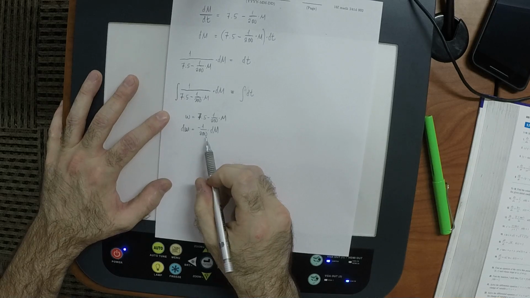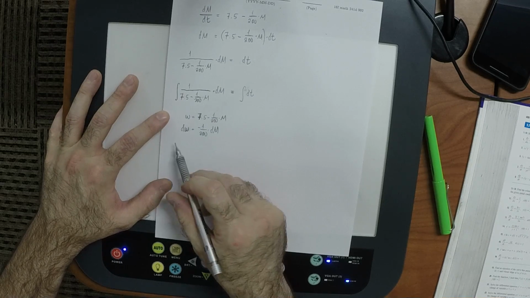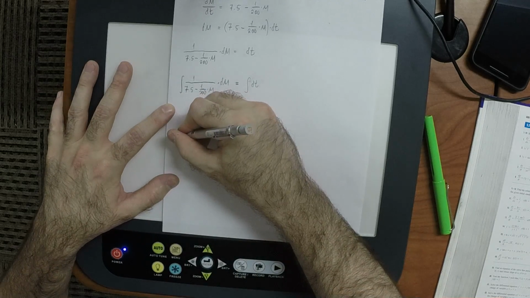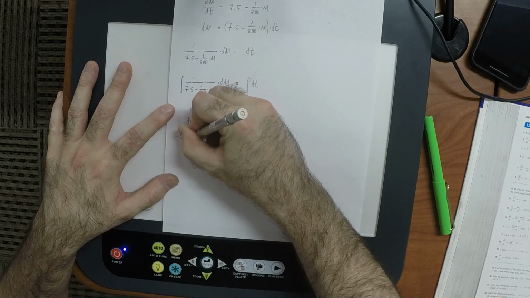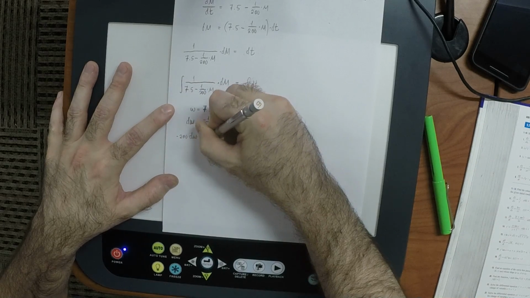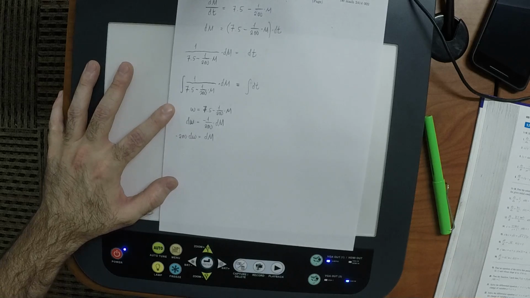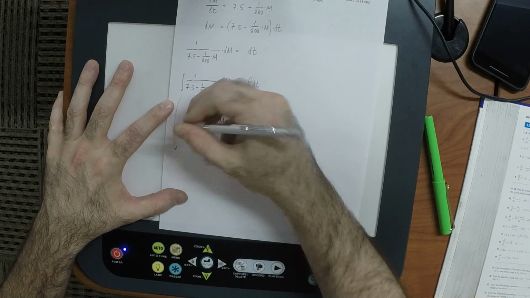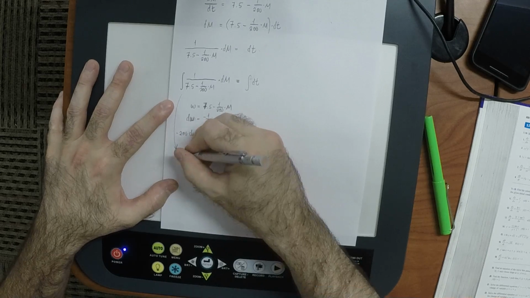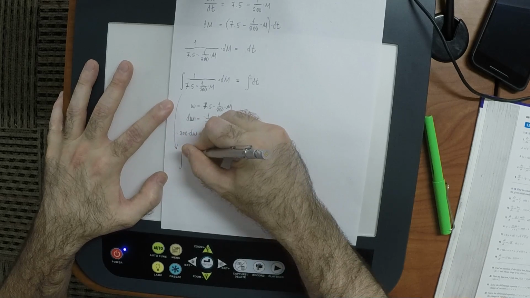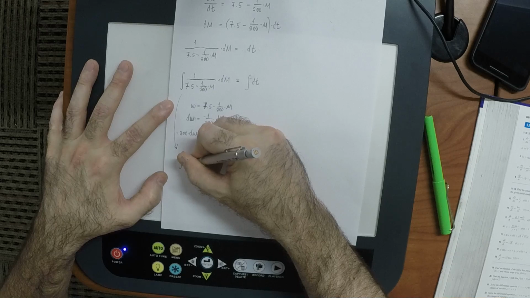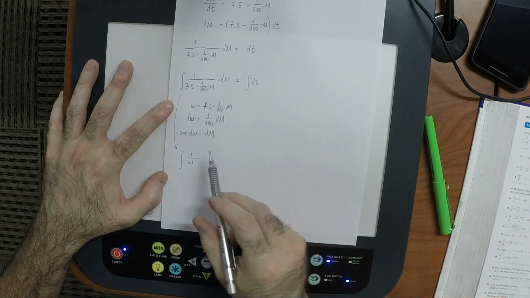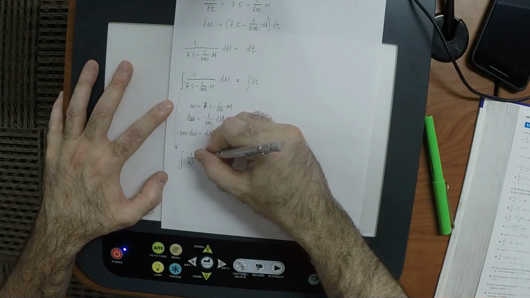And then now I'll move that to the other side and get what? Negative 200 dW is dm. So that tells us that that antiderivative on the left would become 1 over W multiplied by what? Negative 200 dW.